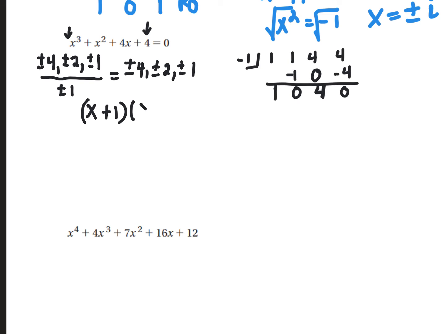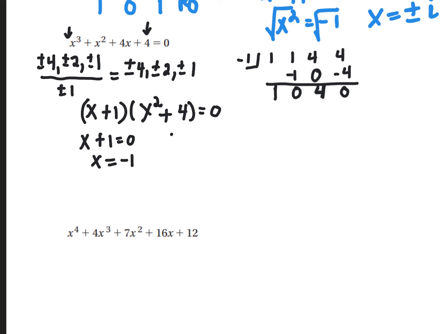So we have x squared, of course, that's 0x, plus 4 equals 0. And now we're going to go ahead and solve this. So we're going to set each factor equal to 0. If we want to solve for x here, this is going to be negative 1.